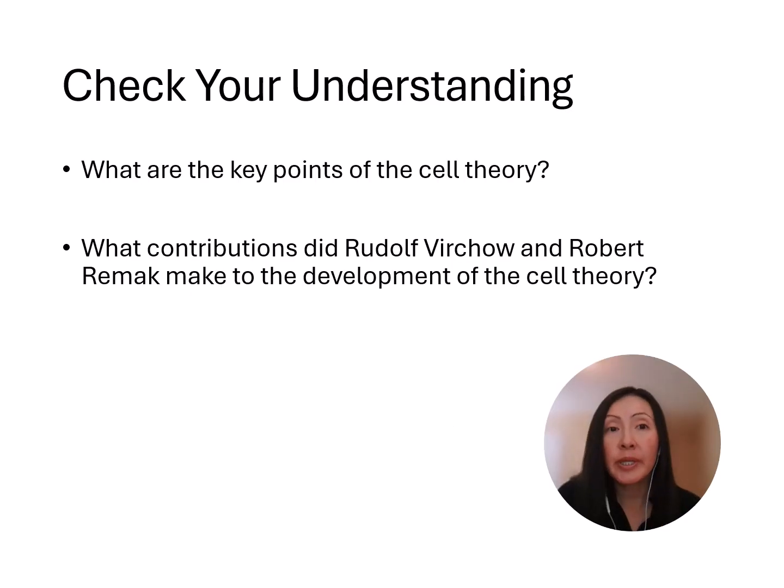Here's our next checkpoint. The key points of cell theory are: 1. All living organisms are made of cells. 2. The cell is the fundamental unit of structure and function in living organisms. 3. All cells arise from pre-existing cells, also known as biogenesis. For the contributions, remember that Remak provided strong evidence that cells come from cell division.